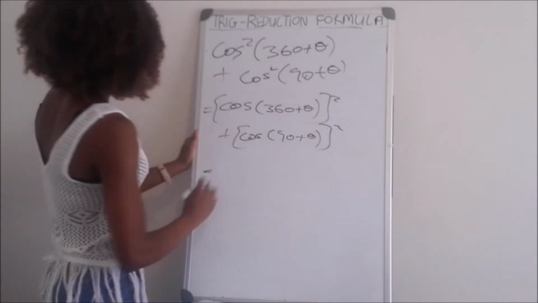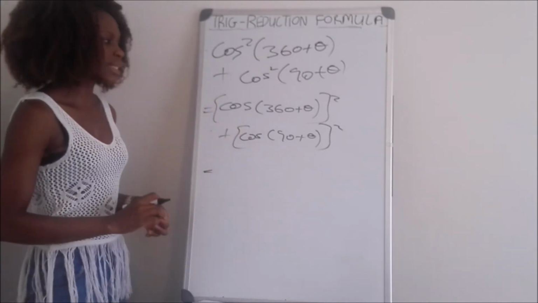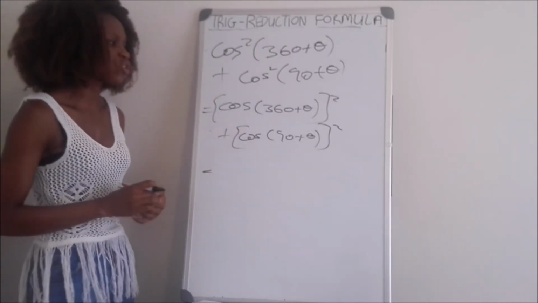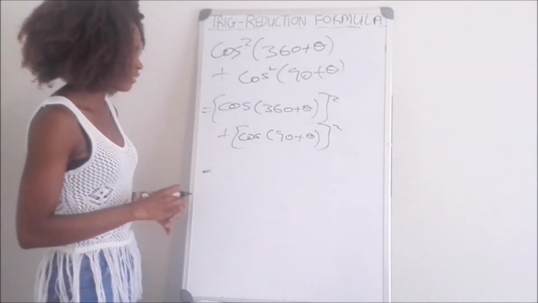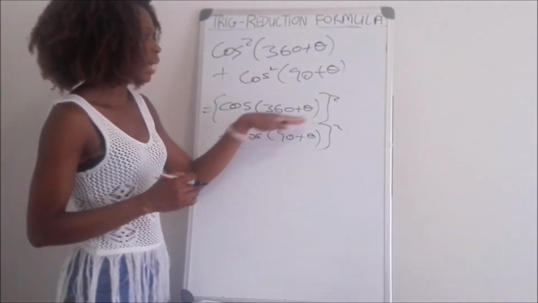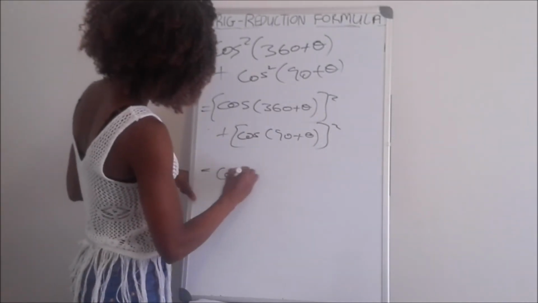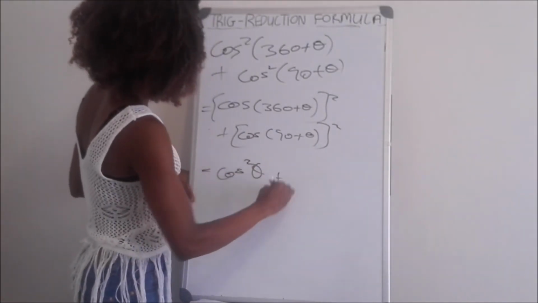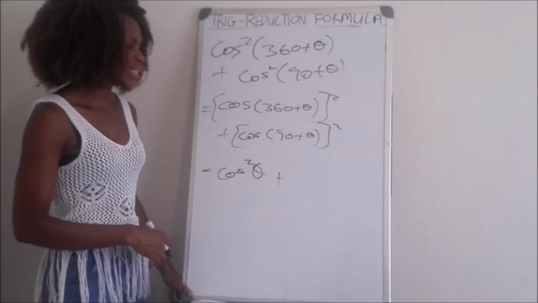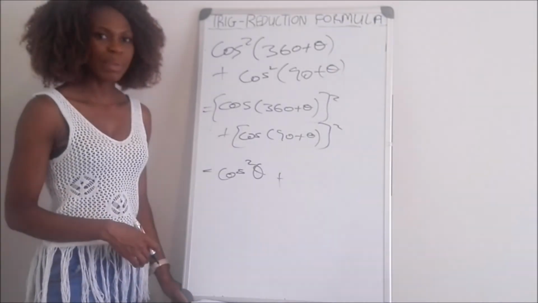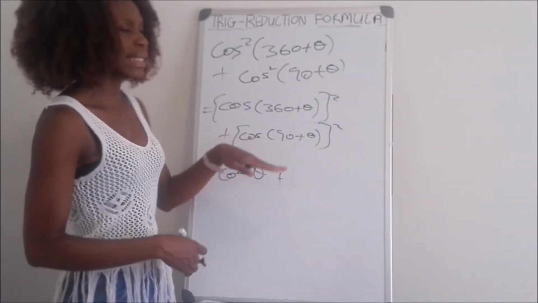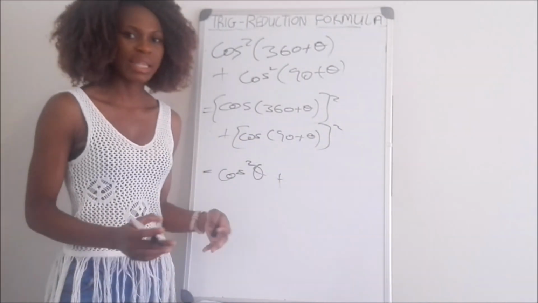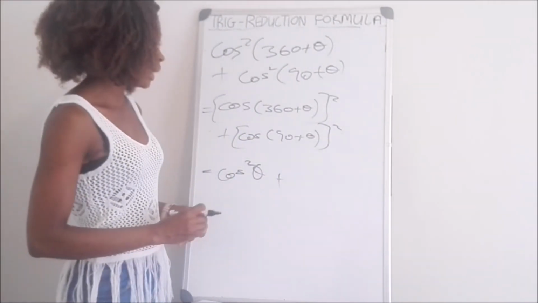all squared. Then from here we have 360 plus theta, which is in the first quadrant, and in the first quadrant we know that all trigonometric ratios are positive. Then that means we have cos theta, and then squared, we will be left with cos squared theta. And when we come to the second one, cos of 90 plus theta, 90 plus theta is in the second quadrant, of which in that quadrant only sine is positive.